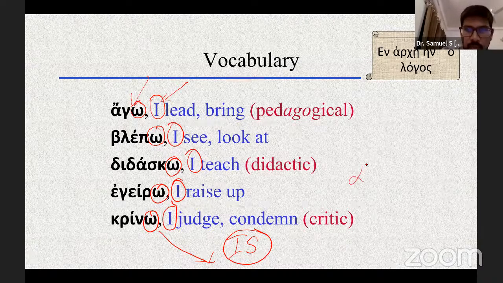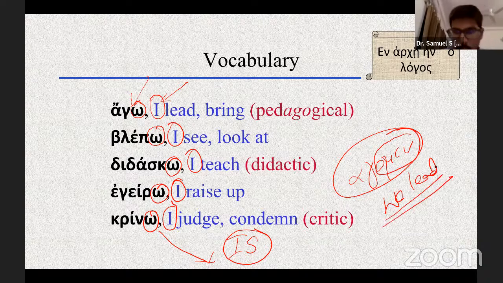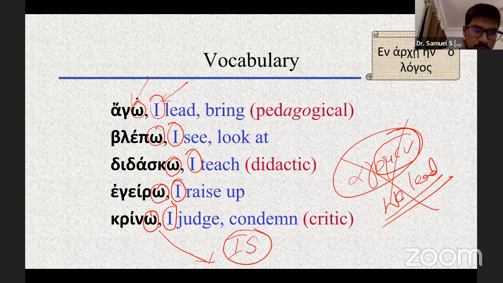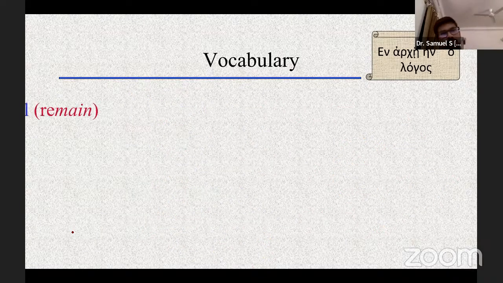For example, if it was agomen, this would be we lead. The omen ending is telling us that it is first person plural. But we'll look at this one next week. For now, just notice this. Next.